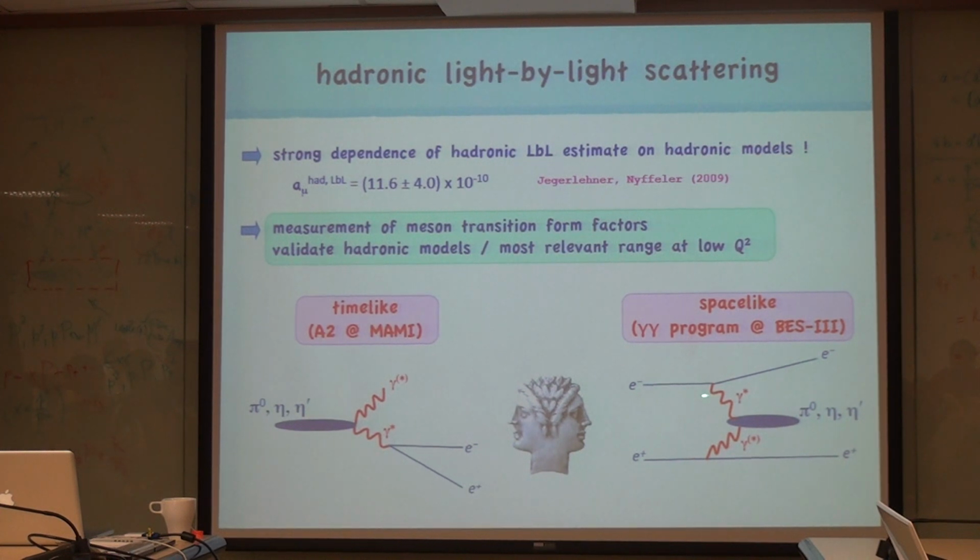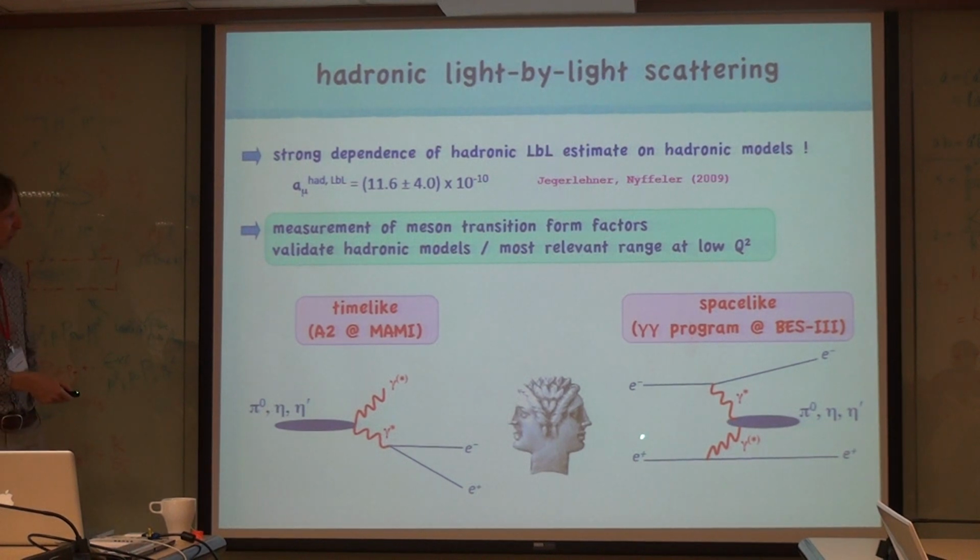And space-like you obtain by also having e plus e minus scattering, but instead of annihilation, where e plus e minus go into one photon, e plus e minus scatters by exchanging one photon, and e plus scatters by exchanging a second photon, and this is called photon-photon fusion. So you have a fusion of two photons into hadrons. And in a scattering process, the photon is always space-like, so its virtuality is negative.